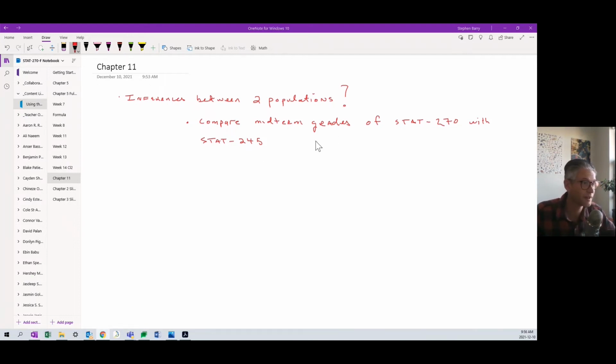So in Stats 270, your average was 64.3%. Now that takes into account a bunch of zeros, so it's actually a little bit higher than that. As we talked about, those people would skew it. So this is including everybody that didn't write it, which is quite a few in this group. And now let's take a look at Stats 245.